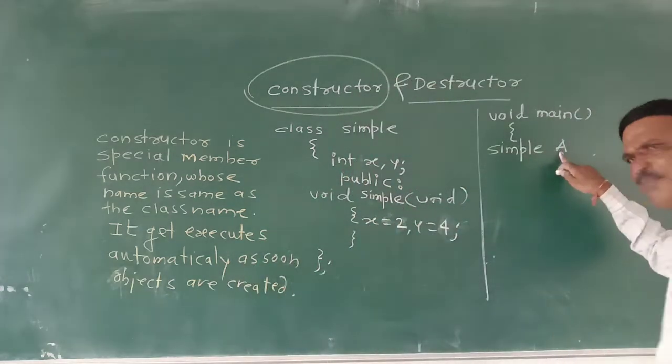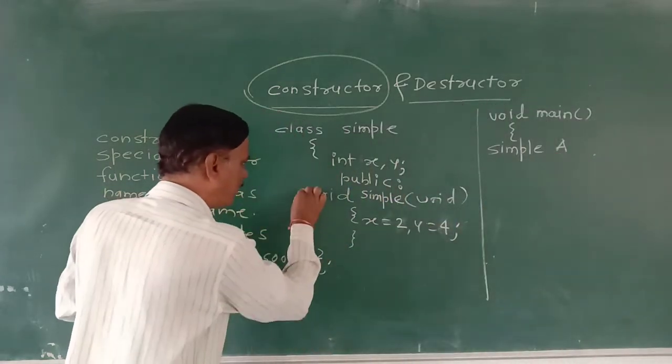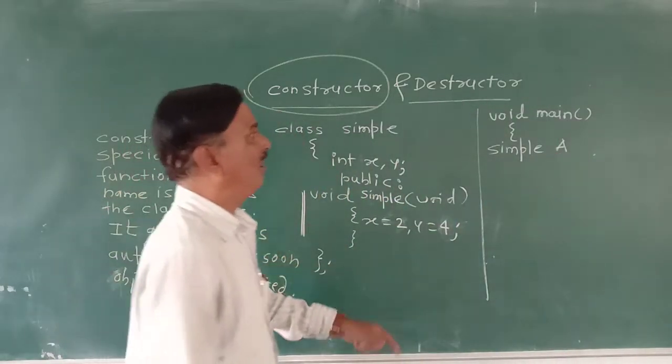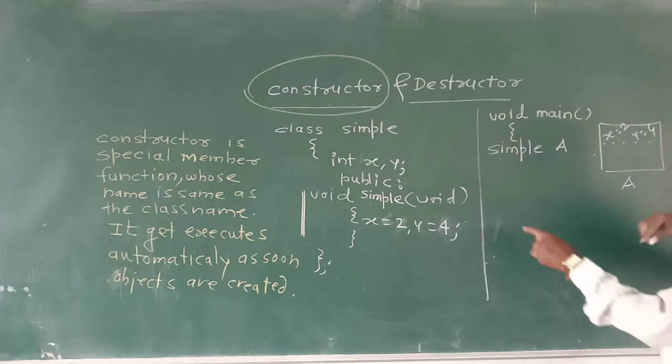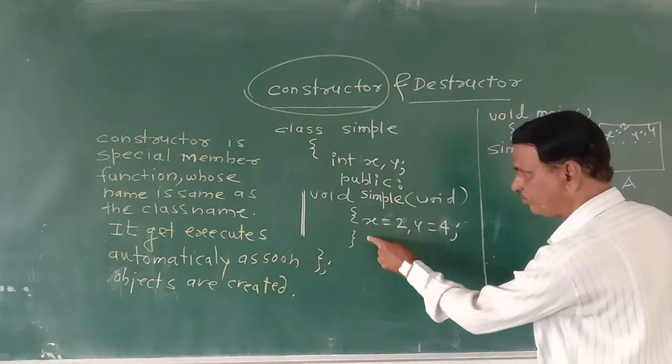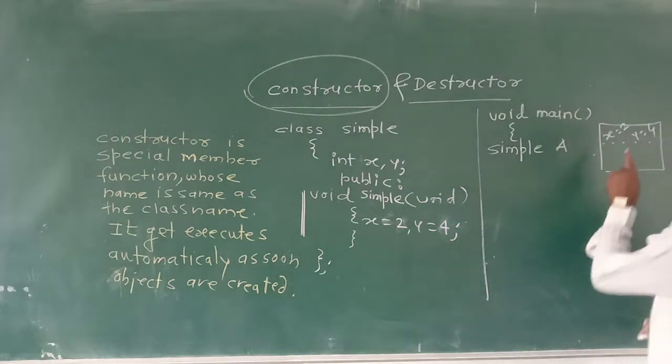As soon as object A is created, this constructor executes. So x is equal to 2 and y is equal to 4.